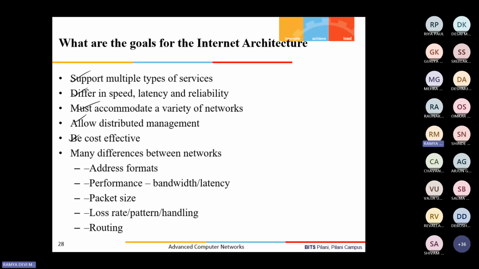Also, there will be differences between the networks, right? The architecture must handle all these differences. The address formats differ, like some will be using IPv4, some will be using IPv6. The performance will also vary based upon bandwidth, latency, packet size, and loss rates.